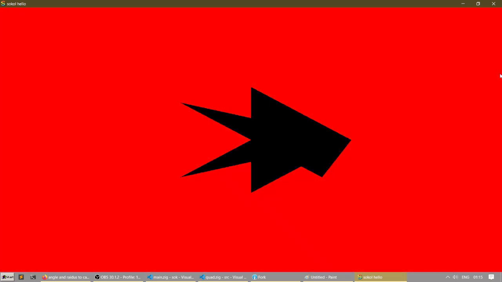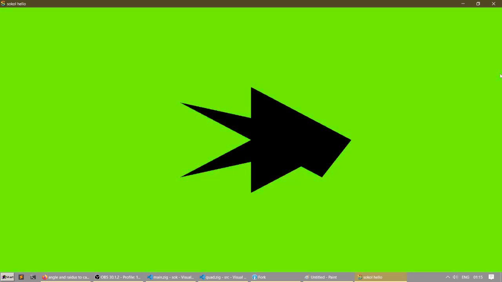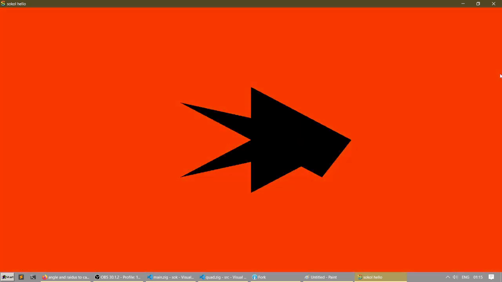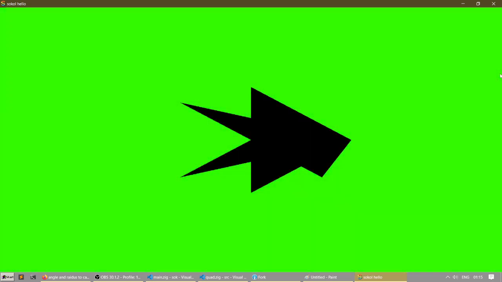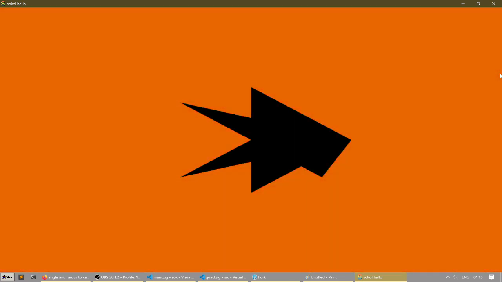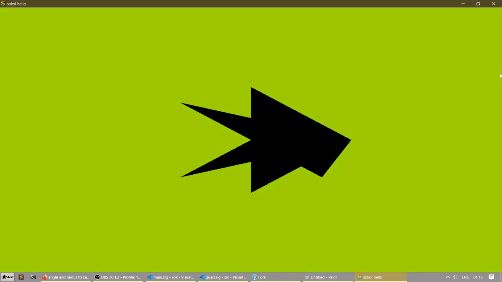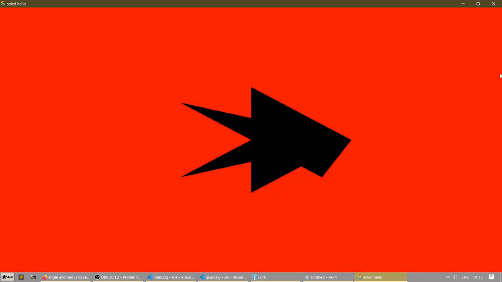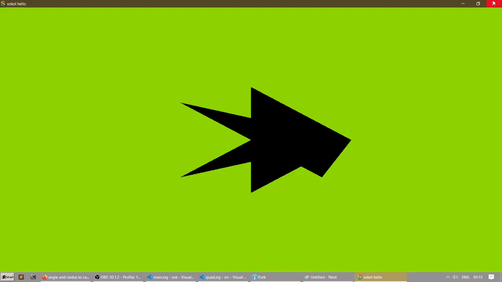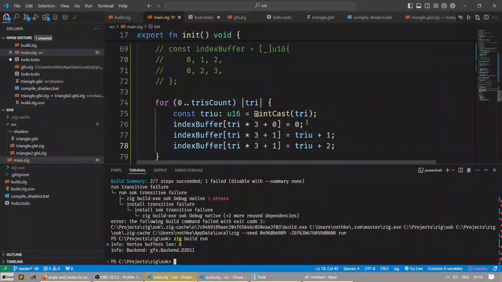Oh my god. I accidentally designed a fish. Is it so hard to draw a circle? This is great.